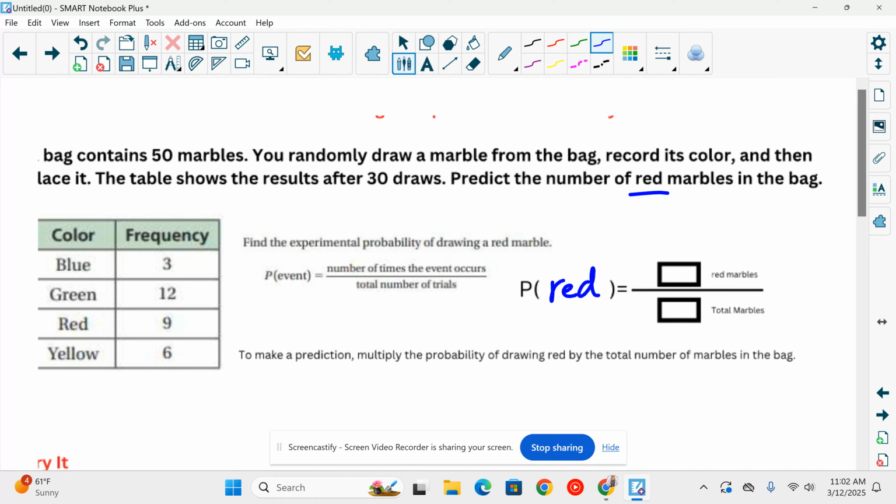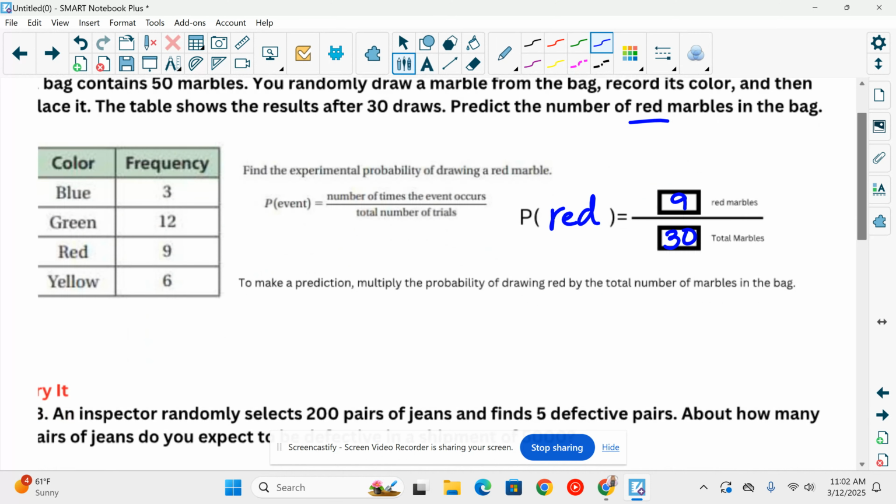How many red did we draw? Bobby. 9. How many total times did we do it? Kenyon. 30 times. Alright, so we had 9 out of 30 there.